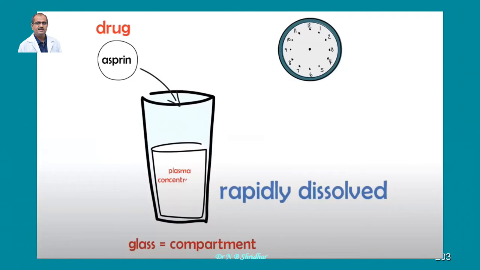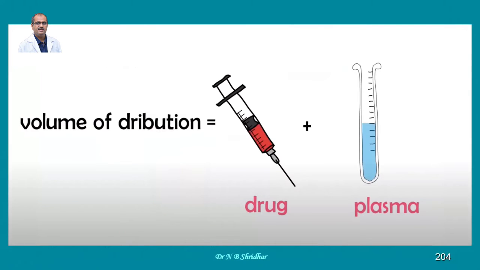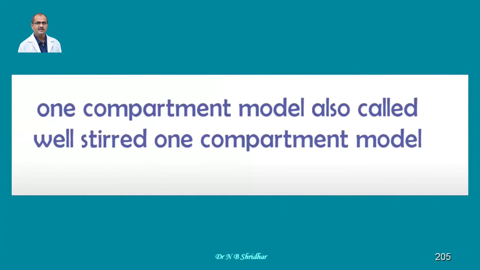That's the one compartment. The volume of distribution is very high here in the one compartment model because the drug is injected directly into the plasma, and it is assumed that all the drug is absorbed in the unit time. The one compartment model is also called the well-stirred or well-mixed model, meaning whenever the drug is there, it is mixed homogeneously.